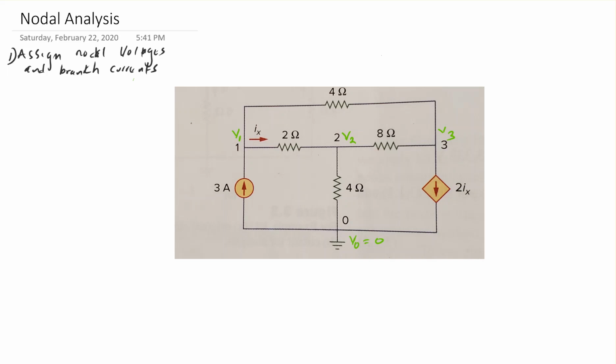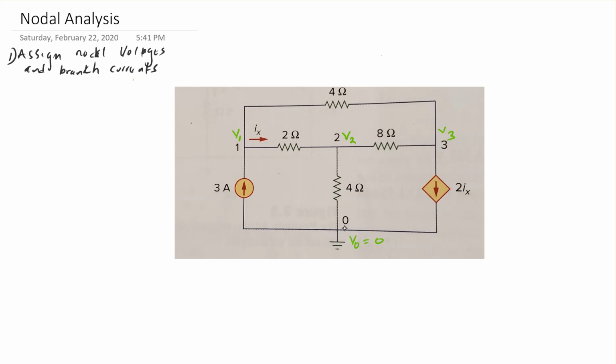Then we need to pick the direction of current for each of the branches that has no current specified. So for this branch between 1 and 2, we already have the current flowing rightward, also for this branch and also for this branch. But for the rest of the branches, I'm just going to pick the direction of current.